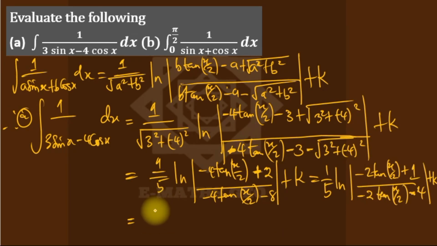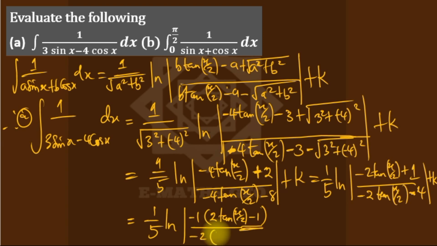So it's 1 over 5 ln of, I can factor minus 1 here, I have 2 tan half x minus 1 over, I will factor minus 2 here, and I have tan half x plus 2, plus k.